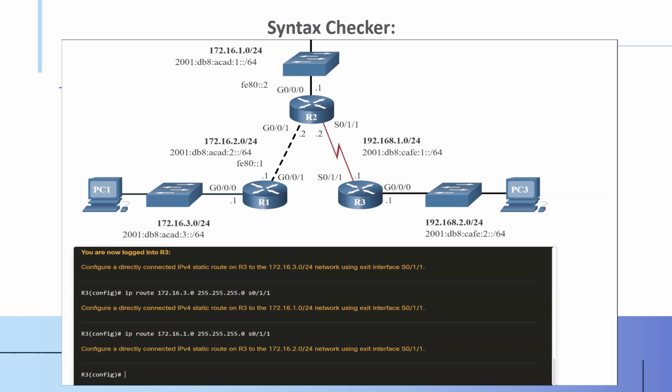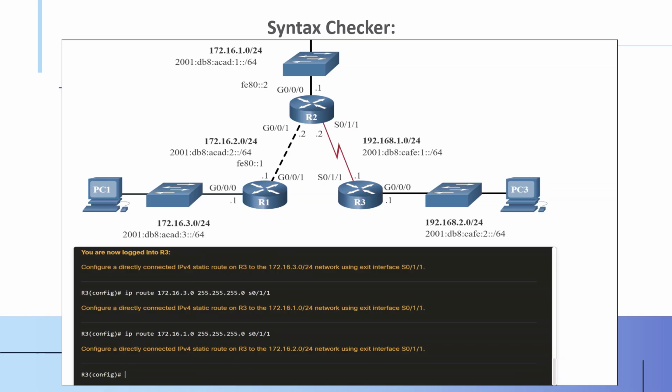So we say ip route, the destination 172.16.3.0 followed by the subnet mask, and we can reach this network by using the interface serial 011 at router 3 to forward the packets to reach this remote network.